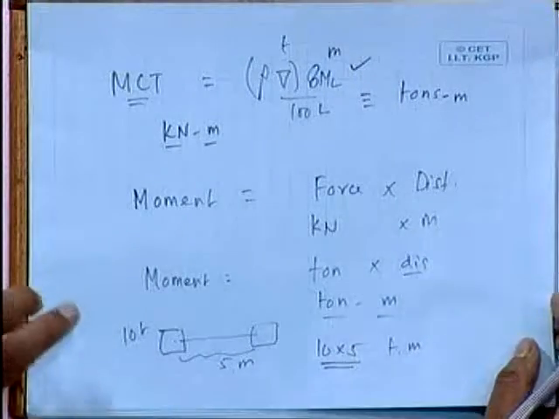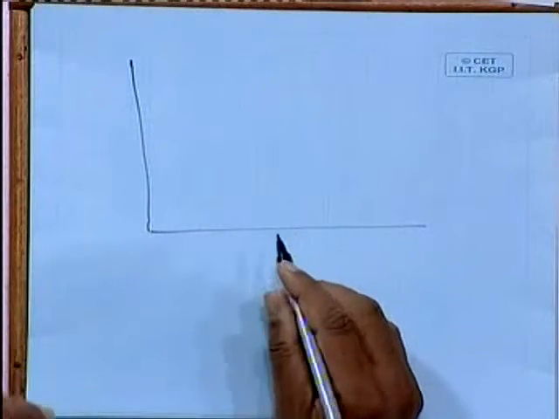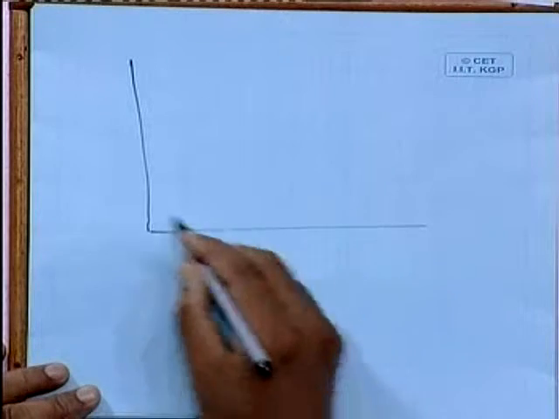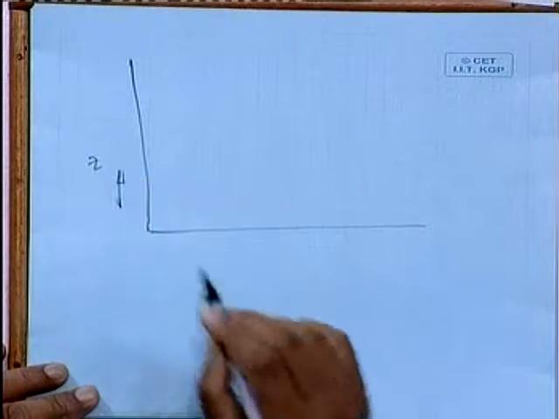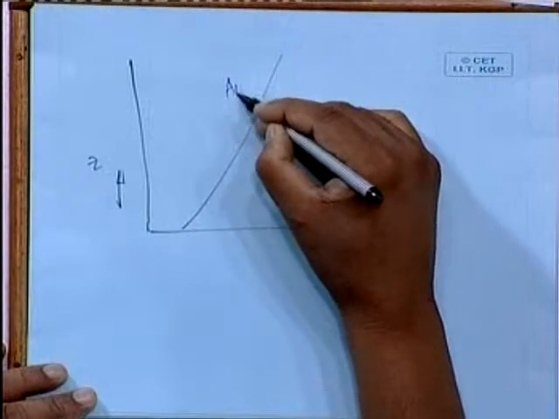Okay. Now comes some more calculations. These 4 calculations we have done, so now let me plot that. Here we have various Z. You are supposed to do all this now. So here you plot AWP.